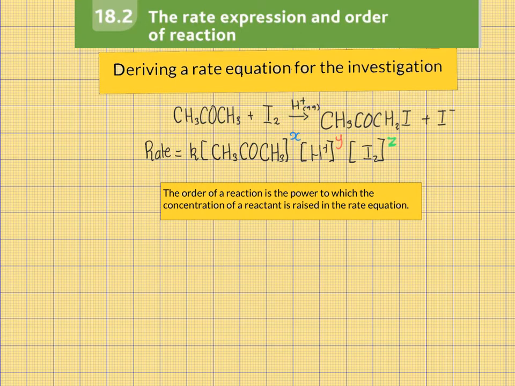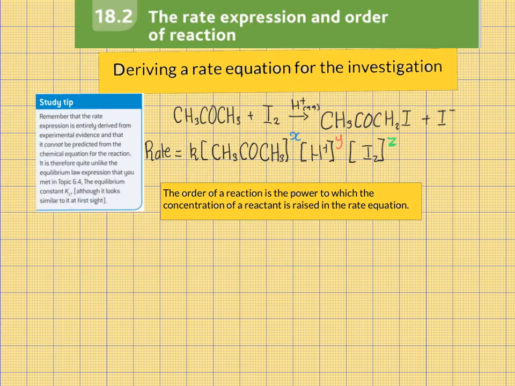So the rate equation is always written in the form of the rate and the concentrations of the reactants raised to these powers, and these are called the orders of reaction. And the definition of order of reaction is the power to which the concentration of a reactant is raised in the rate equation.